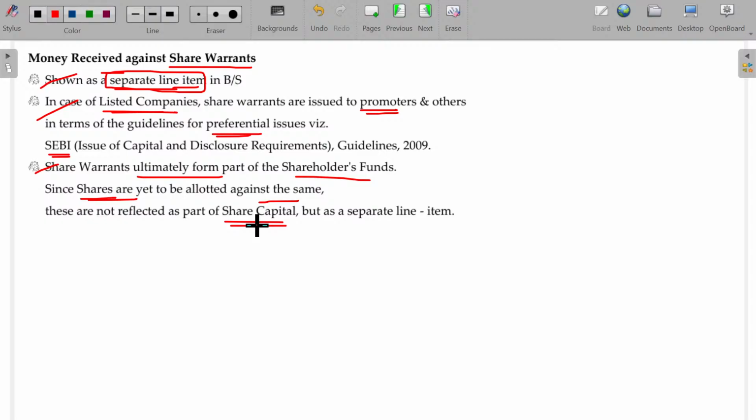But when you have the coupon in your hand, it is not a TV. The moment you hand it over to the shop and convert it into the TV, then it becomes a TV. The same happens with a share warrant; it remains a coupon. The moment it is converted into equity share capital, it will form part of the equity share capital. Until that period, it is a share warrant only. But it's a separate line item. Clear? Money received against share warrants.